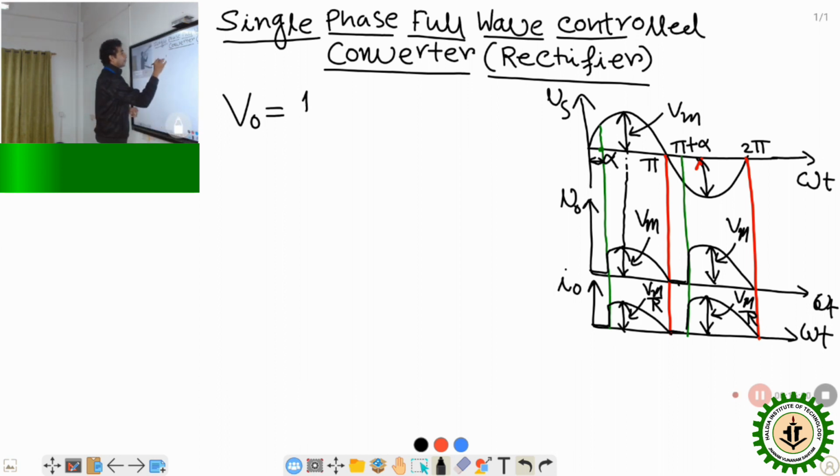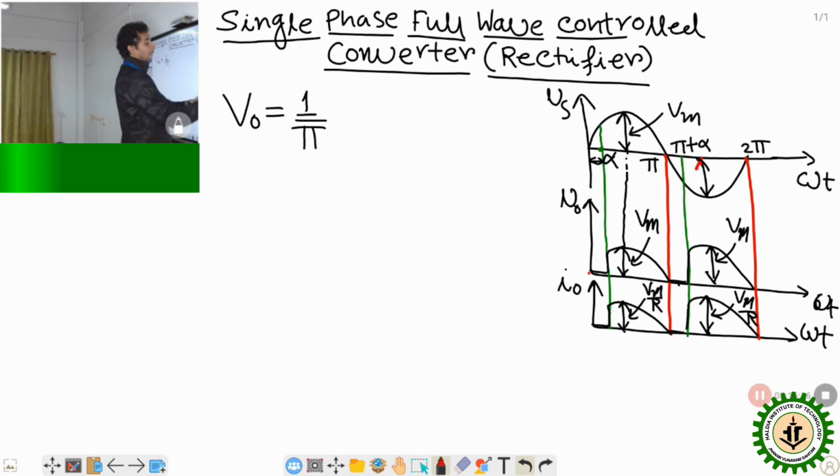So 1 by pi, in this total pi period, what will happen? From 0 to alpha, the output voltage is 0. From pi to pi plus alpha, the voltage is 0. From pi plus alpha to 2 pi, the supply voltage, in a rectified form but following the same equation, is in the output voltage.